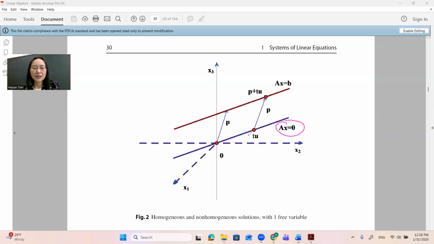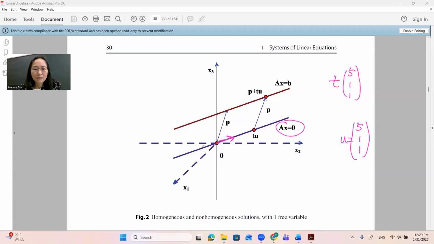So how do I represent the general solution? Remember the general solution for our example one, which is homogeneous. It is a free variable times (5, 1, 1). Suppose this is my vector (5, 1, 1), let's call it U. Any multiple of this vector U will be a solution.